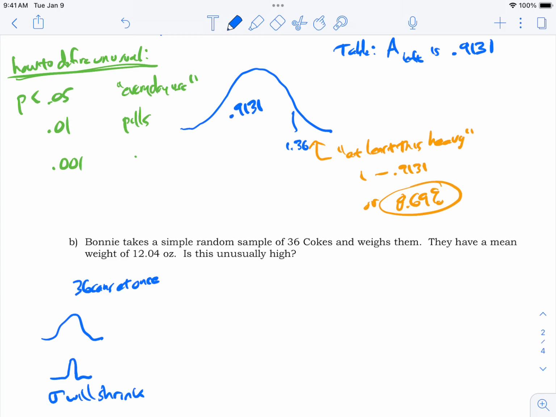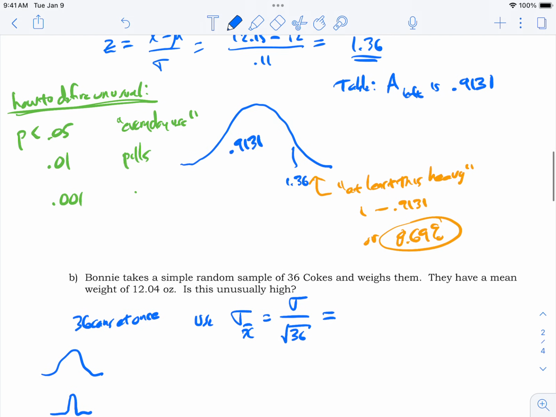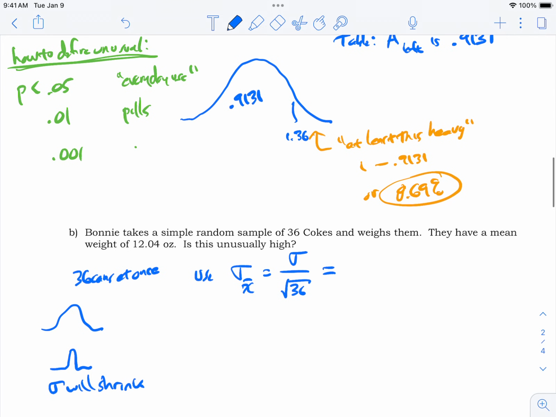So what we'll have to use is a sigma of the samples, which is the sigma for the population of individuals divided by the square root of the sample size, square root of 36. So in other words, what was the sigma again? Got to scroll up. 0.11. We want to use the 0.11 divided by the square root of 36. And if you do that, you're getting like 0.01833. Again, that's the sigma of the samples.